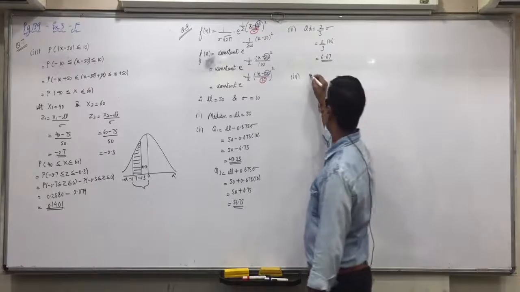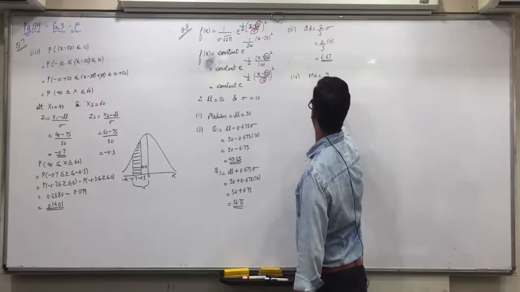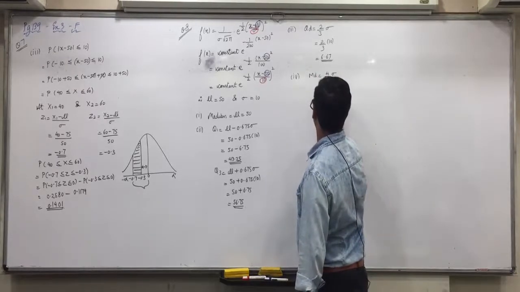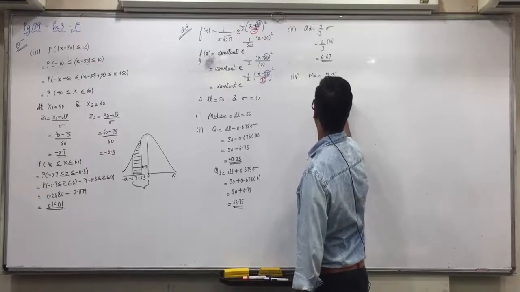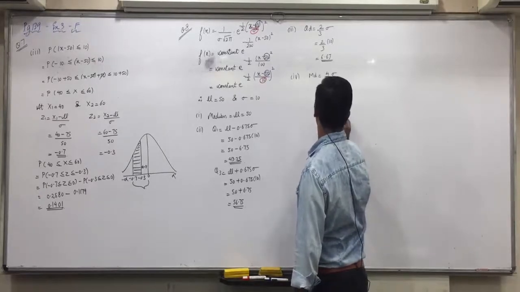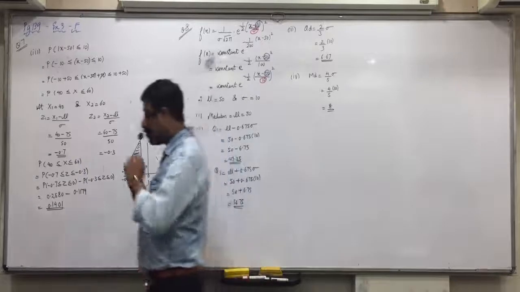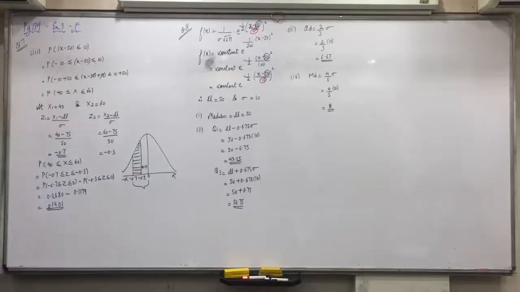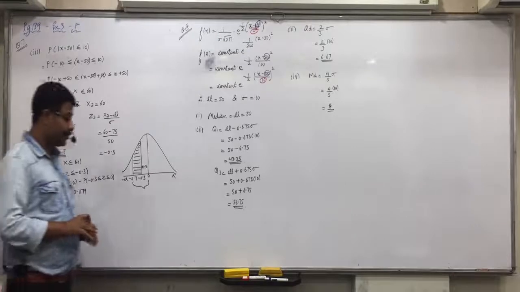And last, mean deviation, 4 by 5 sigma, 4 by 5 into 10, 8. Understood this question, everyone? Any doubts in this? No, sir.